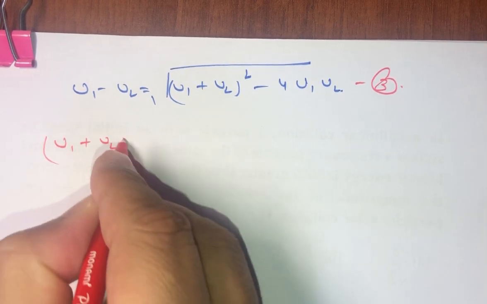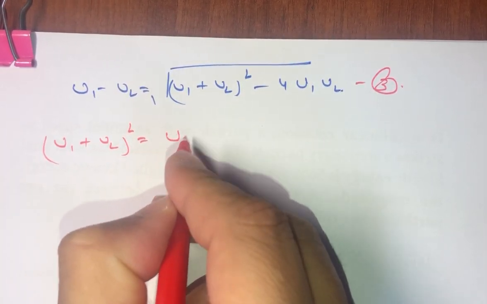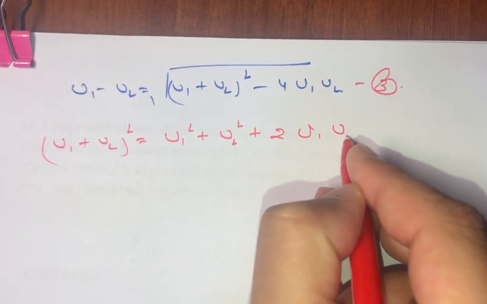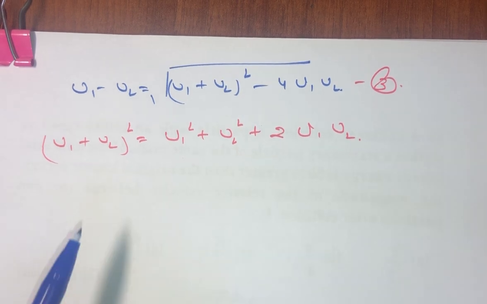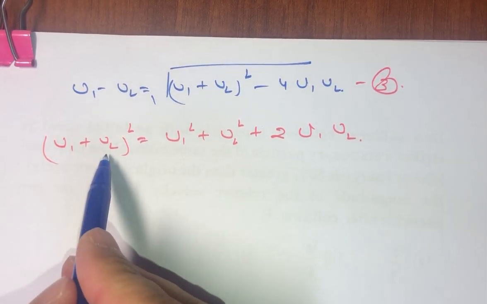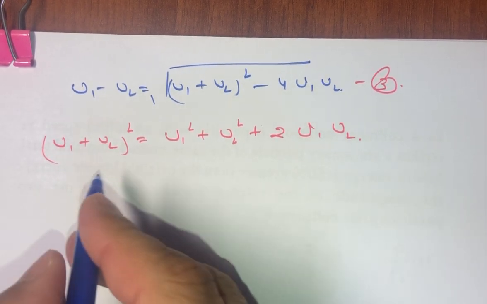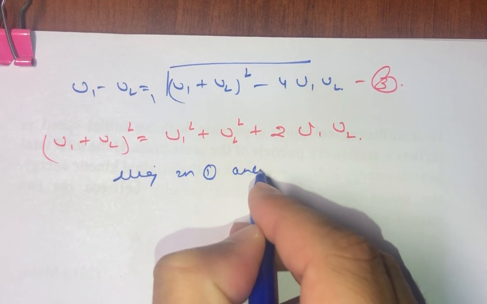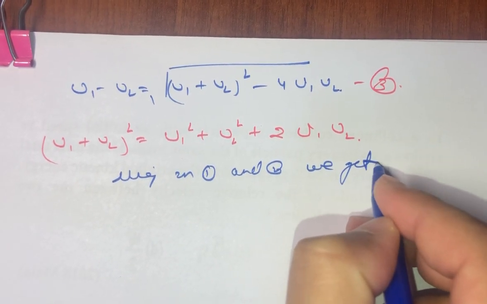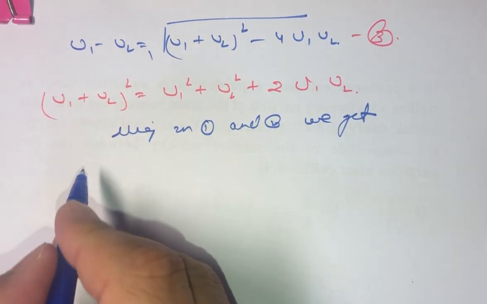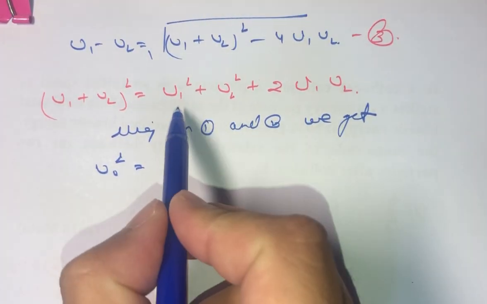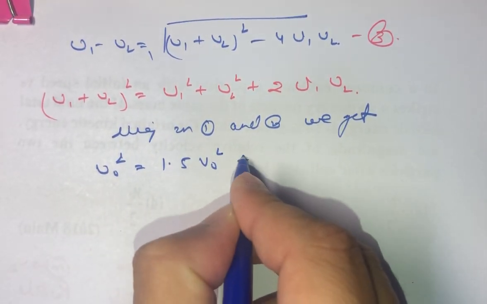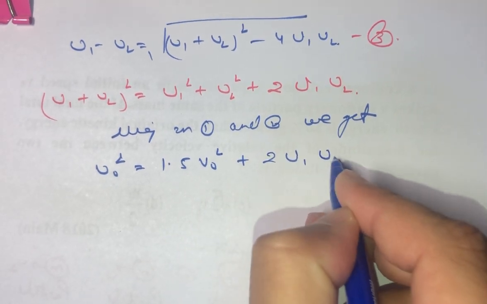(v1 plus v2) whole square will be written as v1 square plus v2 square plus twice v1 v2. But we already know that v1 plus v2 is equal to v0. So here we are going to use equations 1 and 2. Using equations 1 and 2, we get v1 plus v2 is v0, so this will be v0 square, and v1 square plus v2 square is equal to 1.5 v0 square, plus twice v1 v2.